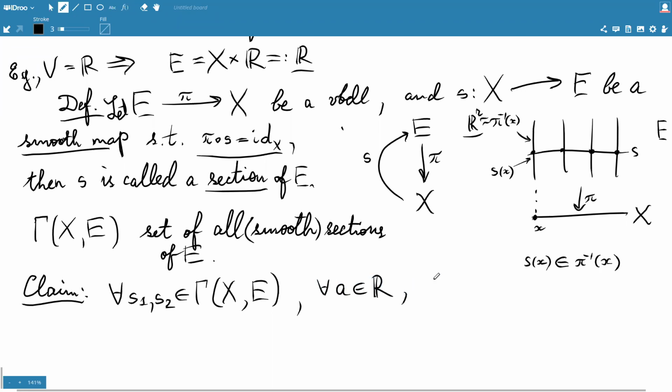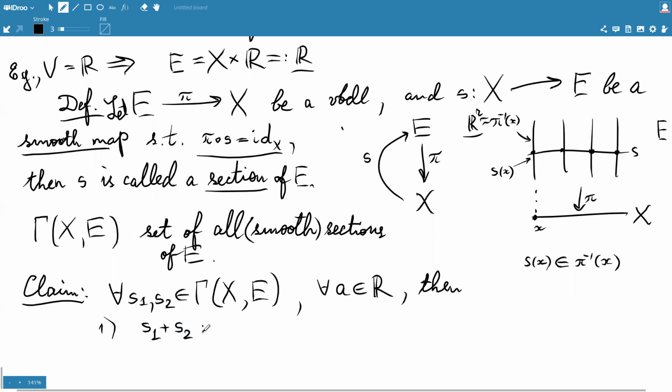A new map called the sum of two sections.